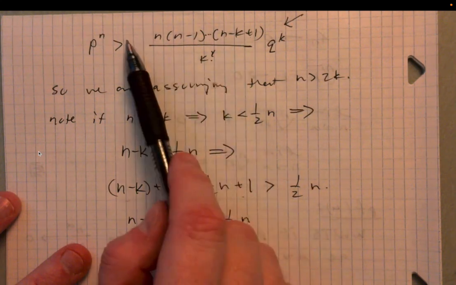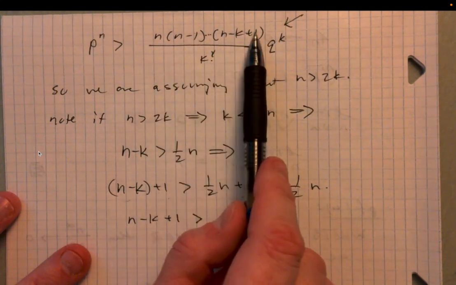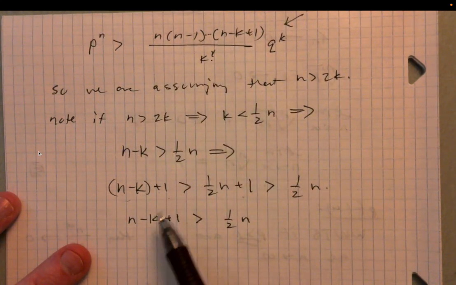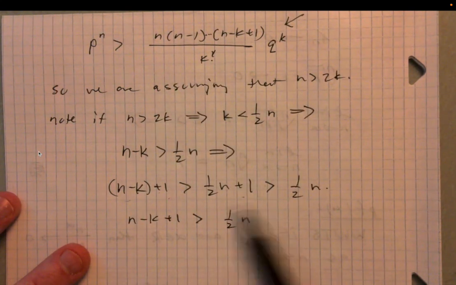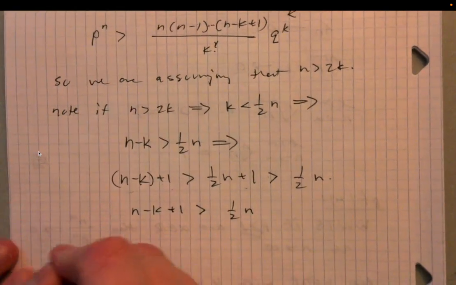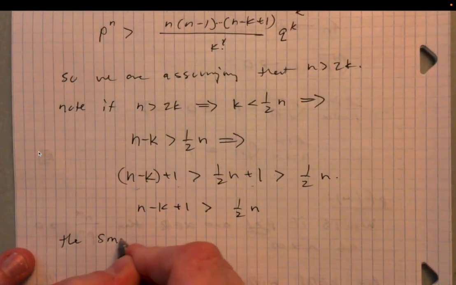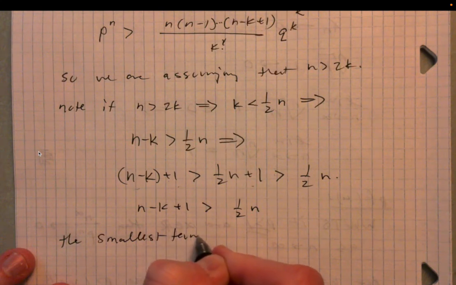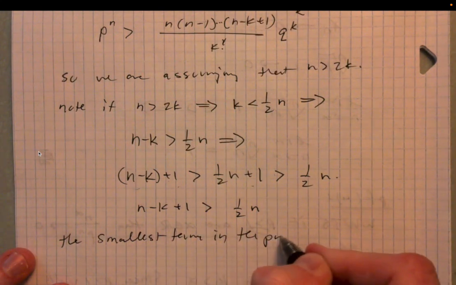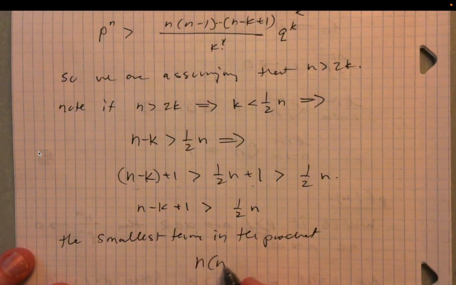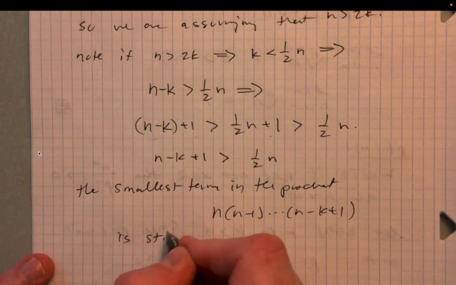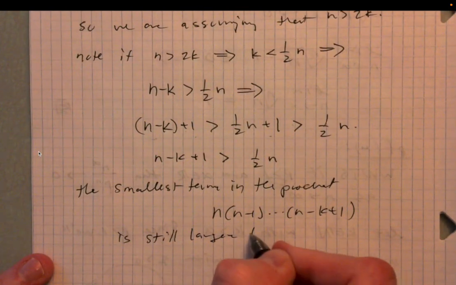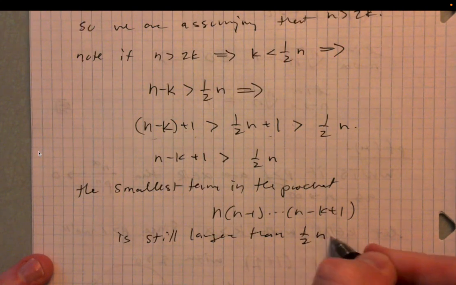The smallest term in this product is still larger than 1/2 n. That's the key. The smallest term in the product, n minus 1 dot dot dot n minus k plus 1, is still larger than 1/2 n.